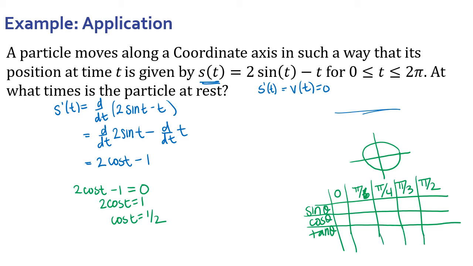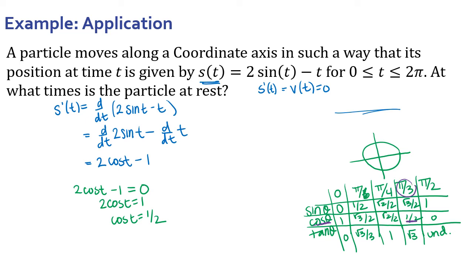When you fill this out, we get 0, 1/2, root 2 over 2, root 3 over 2, and 1. Then 1, root 3 over 2, root 2 over 2, 1/2, and 0. Then 0, root 3 over 3, 1, root 3, and undefined. So what reference angle has cosine 1/2?